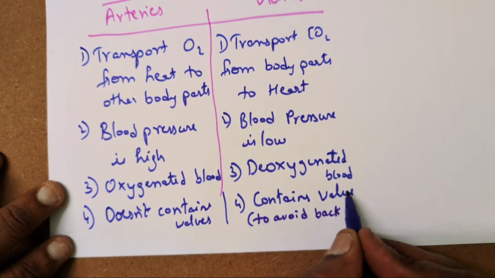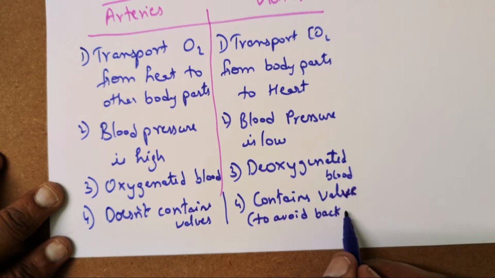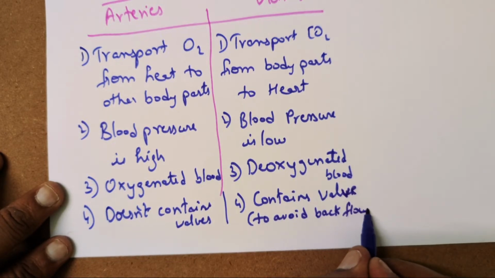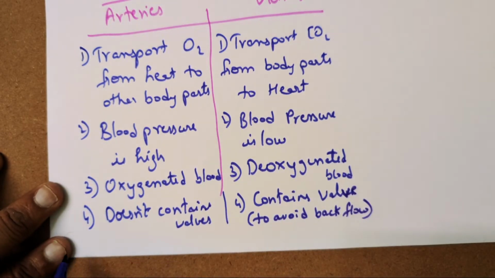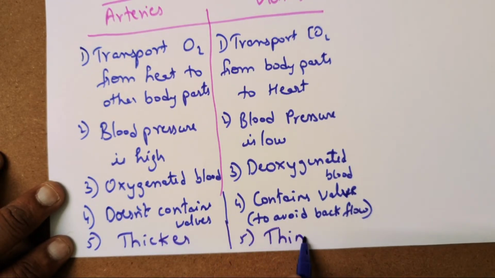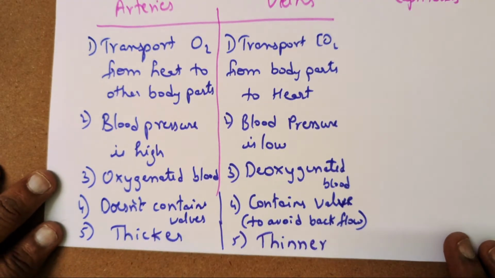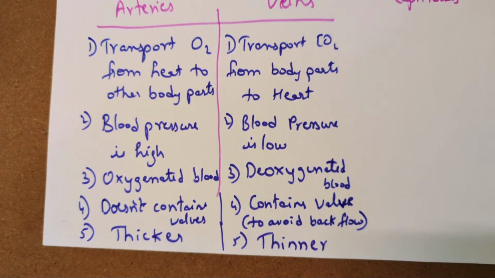Wherever valves are present inside our human bodies, they are mainly to avoid backflow. And arteries are thicker because the blood pressure is high, and veins are thinner because the blood pressure is low. So these 5 differences are very important. You might get at least a 3 marks question to differentiate between arteries and veins, and then you have to mention all 5 points.